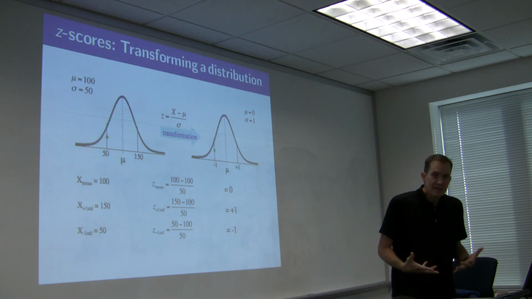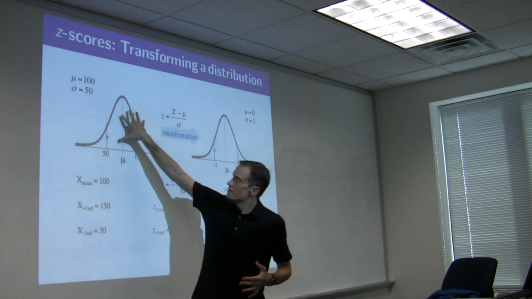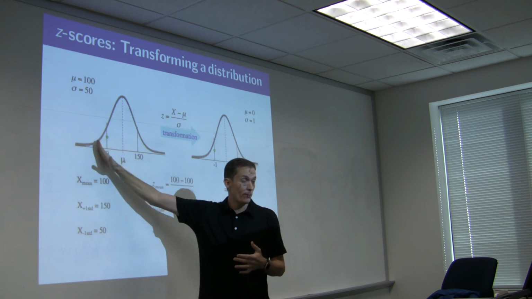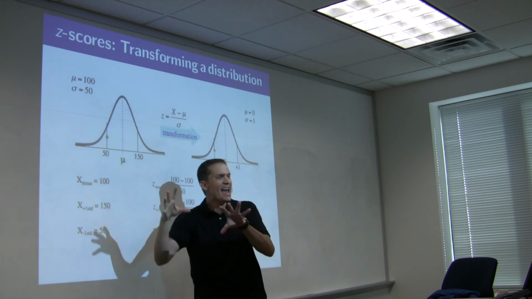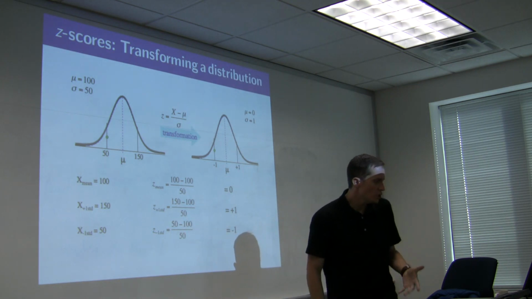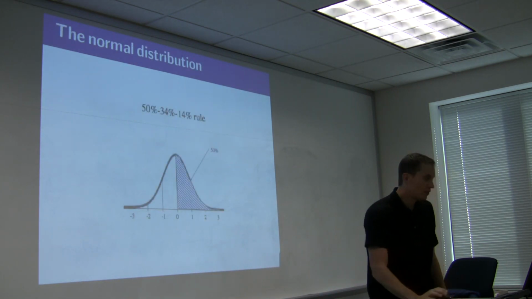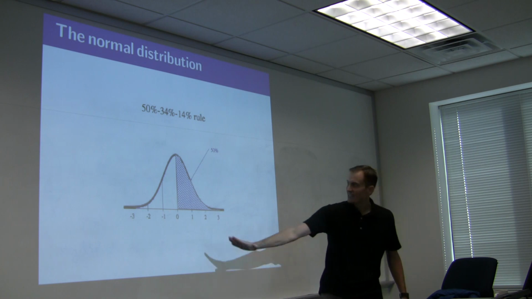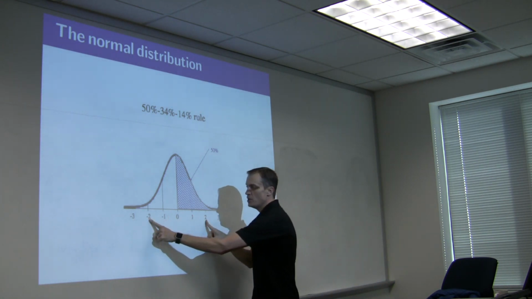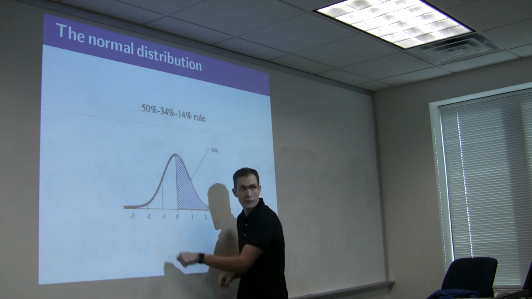Now what this means is that if you take any set of scores that are centered at a particular mean with a particular standard deviation and convert that entire set of scores into z-scores, you get a distribution that looks like this. It's centered at 0 and goes out by units of 1, 2, 3.